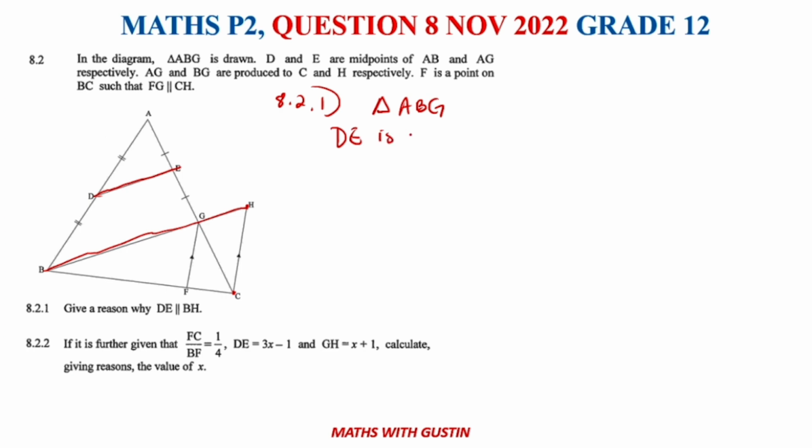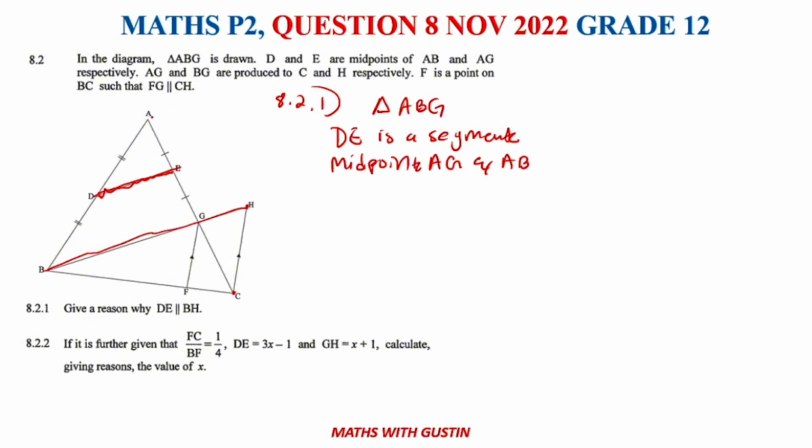Now this segment here that we just highlighted forms midpoints as stated in the question, with AG and AB.